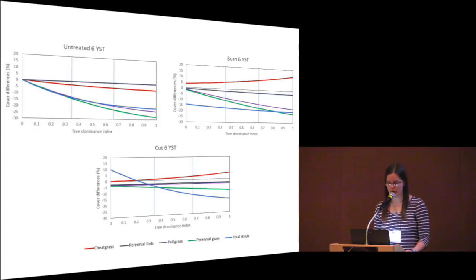So what we're looking for and what would be indicative of ecosystem resilience would be functional group cover that is most similar to our reference state or closer to the 0 line on this graph. So you can see that our cut treatments resulted in higher ecosystem resilience and functional group cover that was most similar to our reference state.